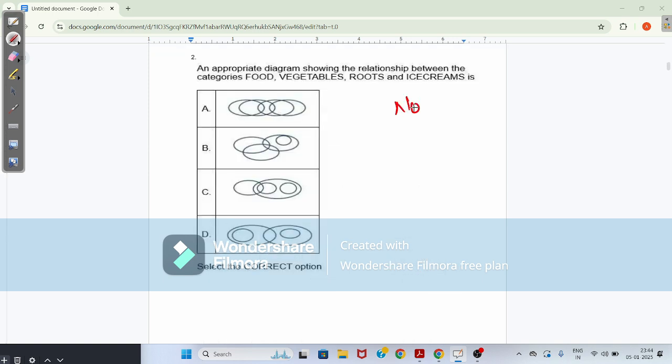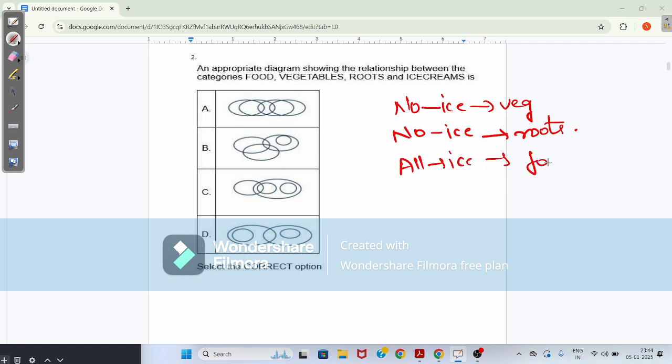Here, no ice cream is vegetable, no ice cream is roots. All ice cream is food, all vegetable is food, some roots are food.